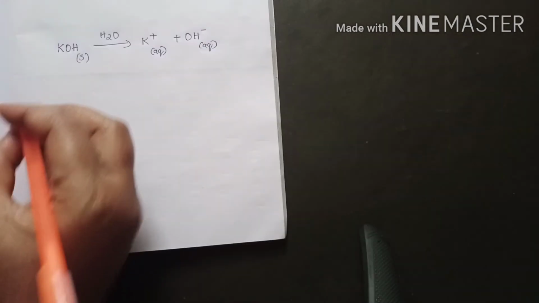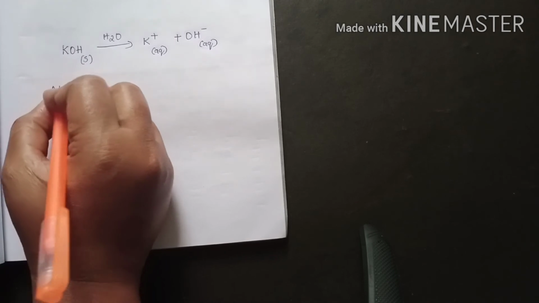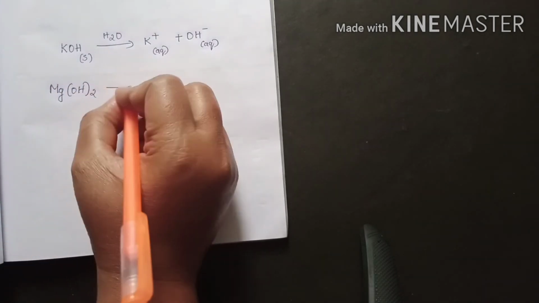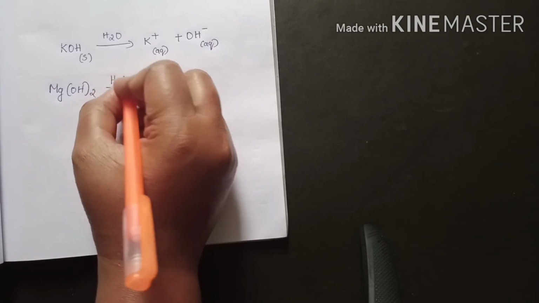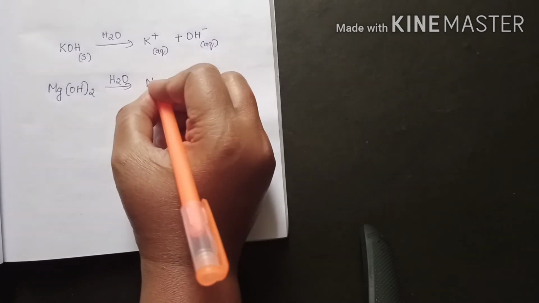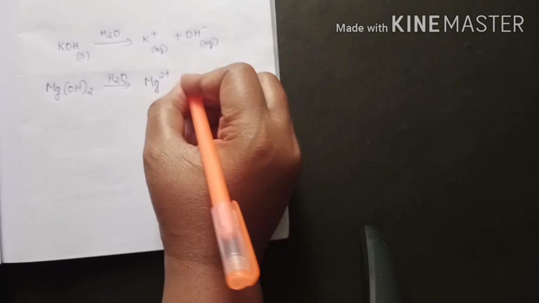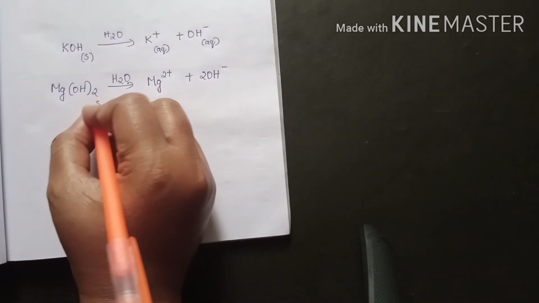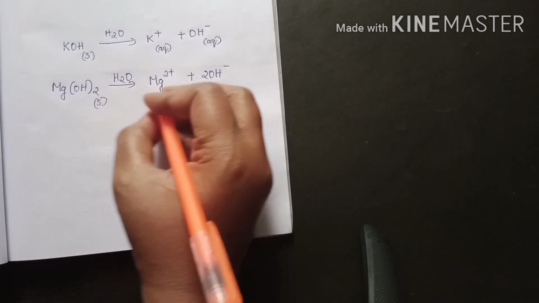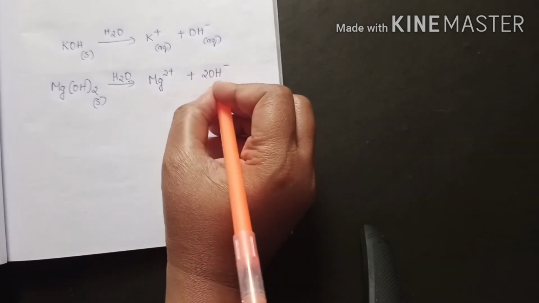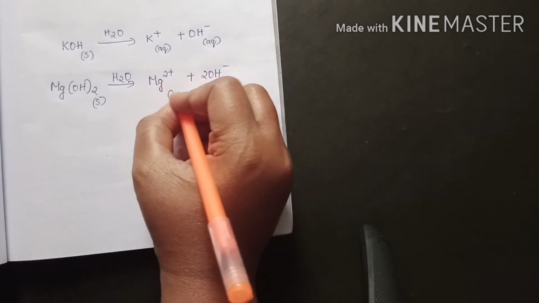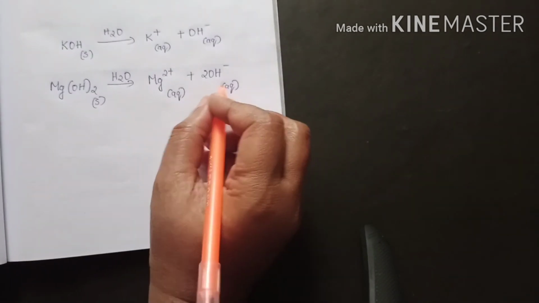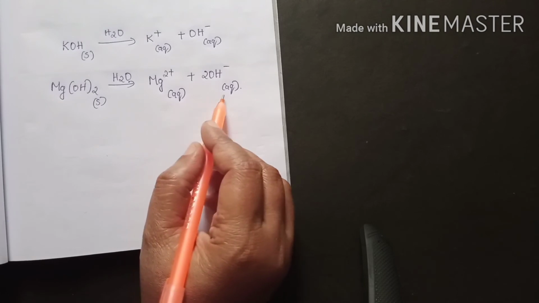Similarly, magnesium hydroxide, that is Mg(OH)2, when dissolved in water, we will get Mg2+ and 2OH- ions. Here also magnesium hydroxide is a solid and these ions can be represented as aq. That means these ions are present in aqueous solution.